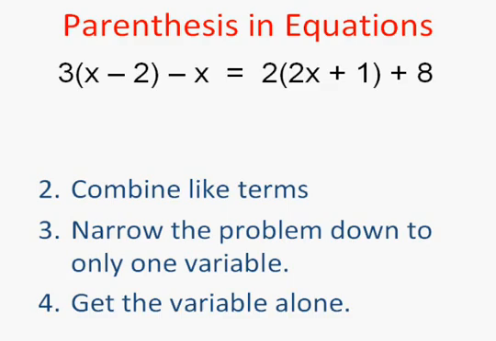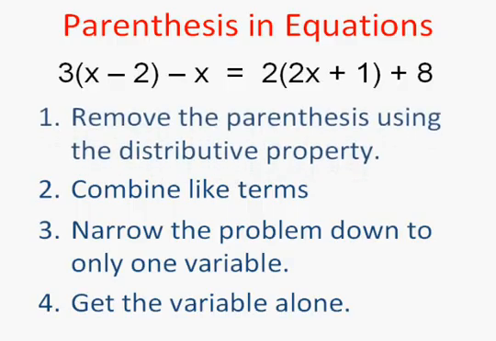But we can't combine like terms if there are parentheses. So actually, the first thing we'll need to do is remove parentheses using the distributive property. So the order that you're basically going to do equations that look like this is, first, we're going to remove the parentheses using the distributive property.